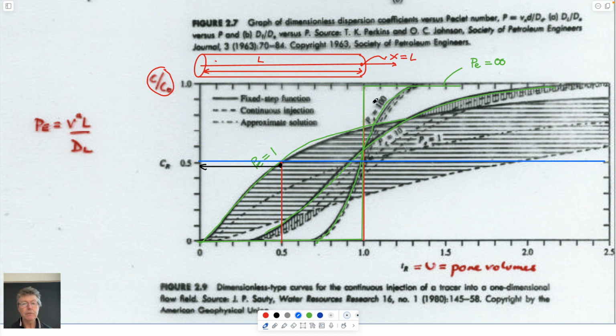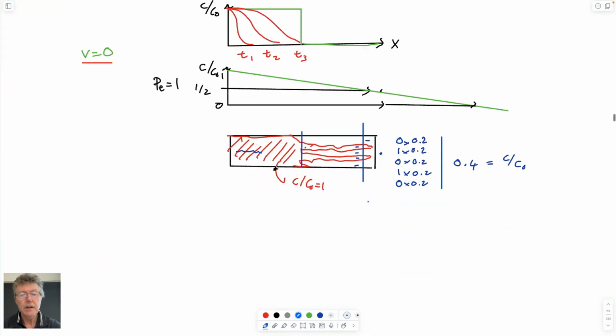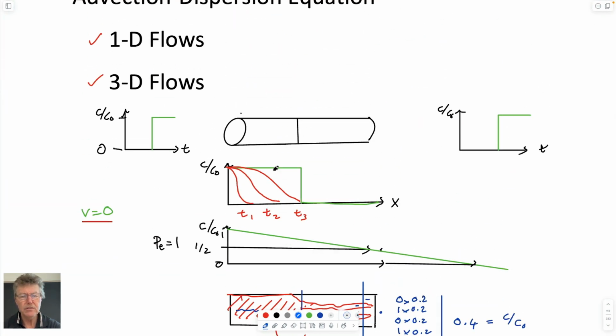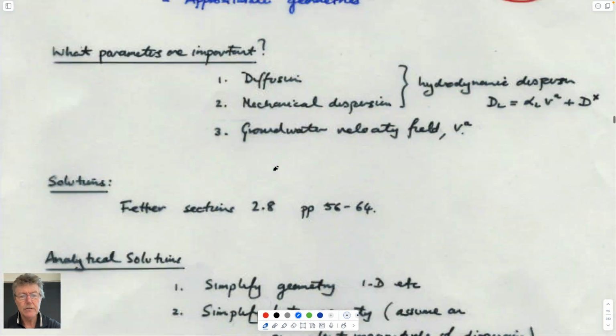That's certainly good for Peclet number of infinity. It seems certainly good for a Peclet number of 100. It seems not too bad for a Peclet number of 10. It's off by this amount. But for a Peclet number of 1, it's nowhere close. And so we can use the Peclet number as an index for how well we might want to use our solution.